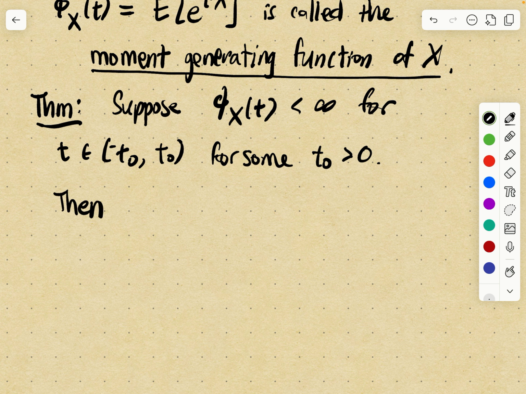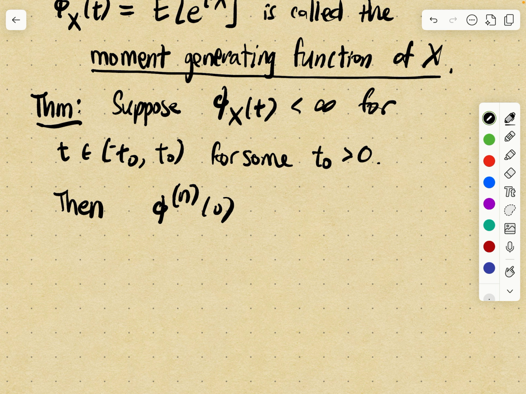Then if you look at the nth derivative of phi, so this phi with the subscript n in parentheses, it's not just phi to the n. That means the nth derivative, not a product of n phi's.